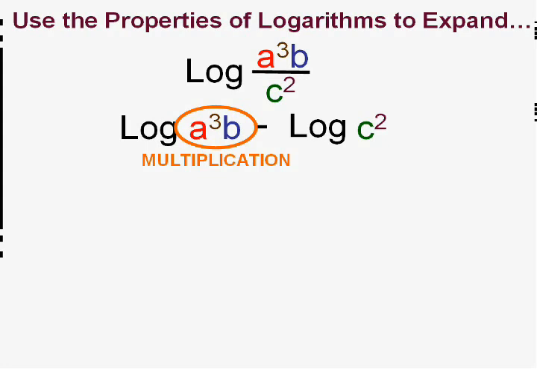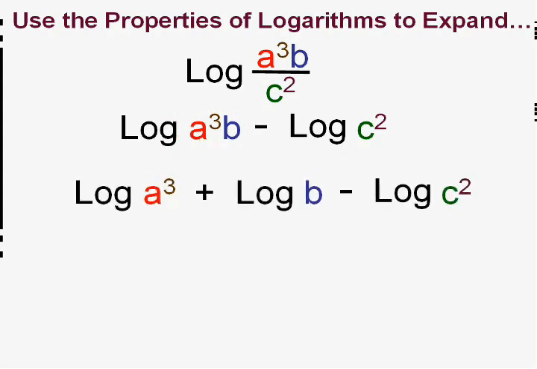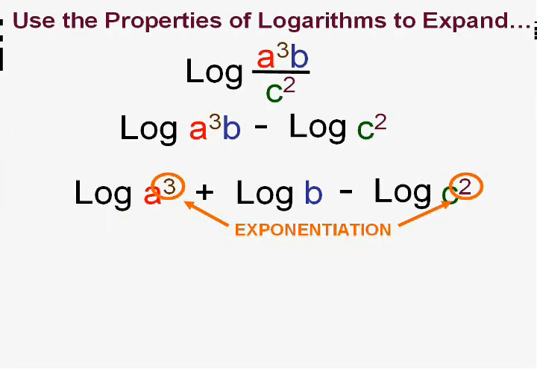We have multiplication of not exponents, but multiplication of logarithms. And, of course, it's the same rule. To take the log of two numbers multiplied, we'll add the logs. Now, what about the third rule? Where else can we put these exponents?